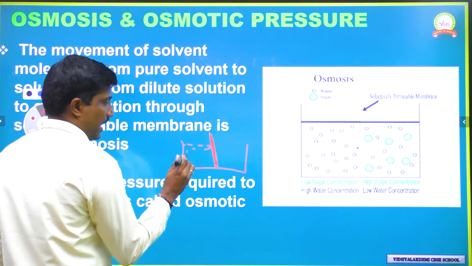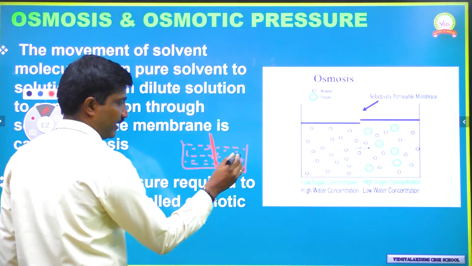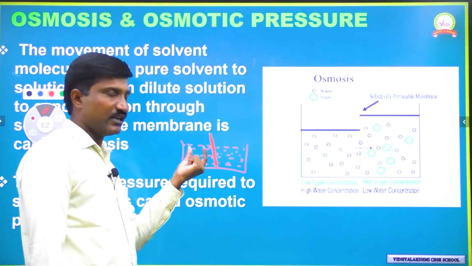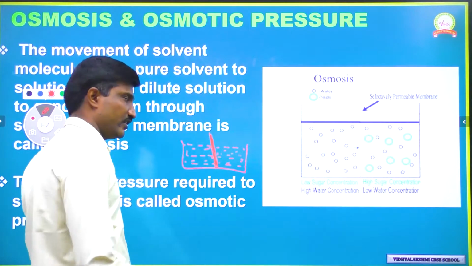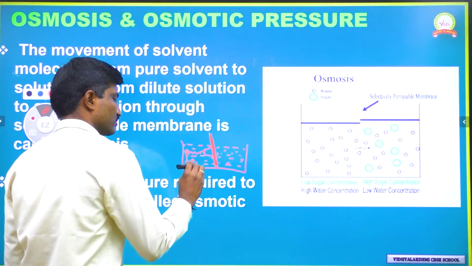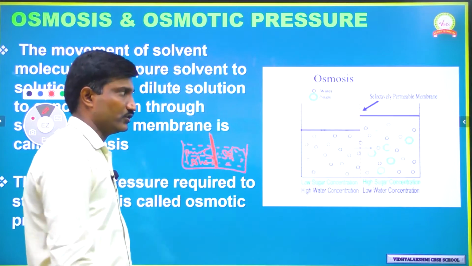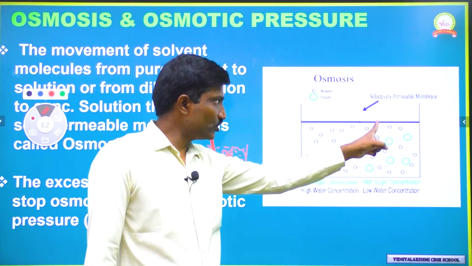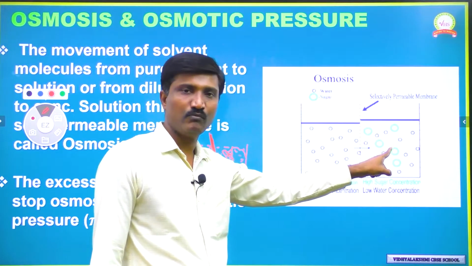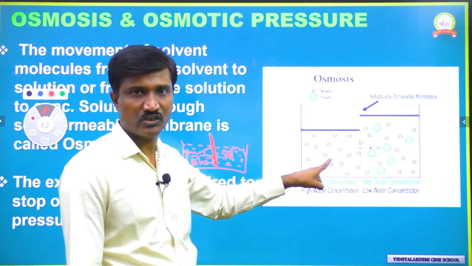After separating the flask through the semi-permeable membrane, I am filling one half with a pure solvent and the other half with a solution like this. A solution means both solute and solvent are present, green and blue, but the pure solvent has only one kind of particle, that's why only blue.